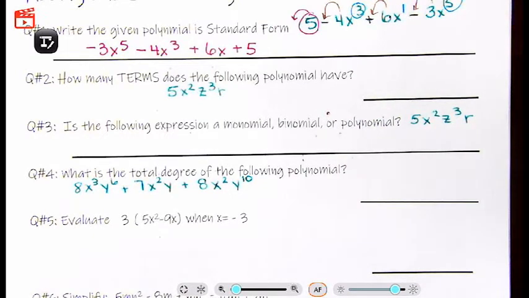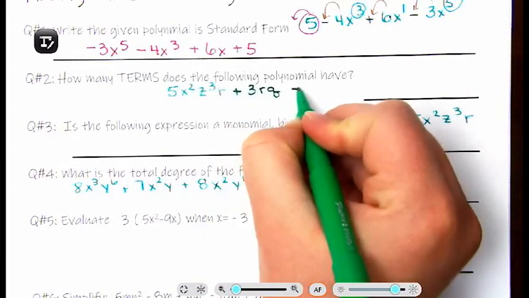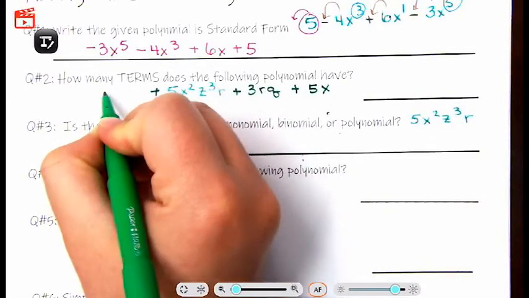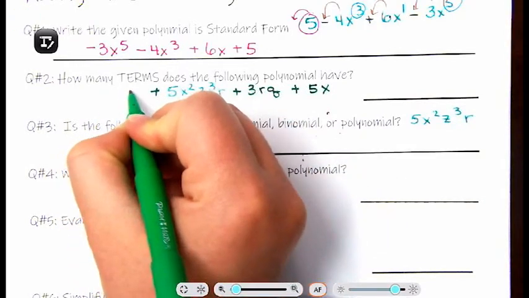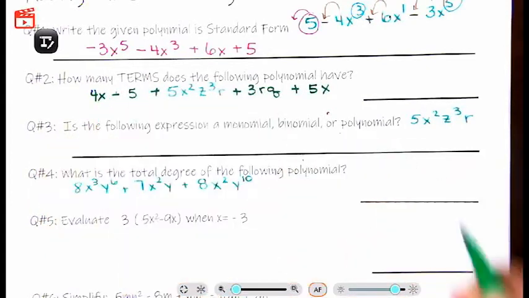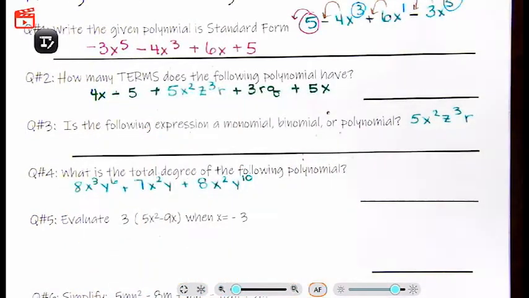So I'm going to just write random stuff here. So 3rq plus 5x minus, oh, that's a plus, 5 minus 4x, something like this. So let's say we do have a polynomial, and what you're looking for is adding and subtracting.